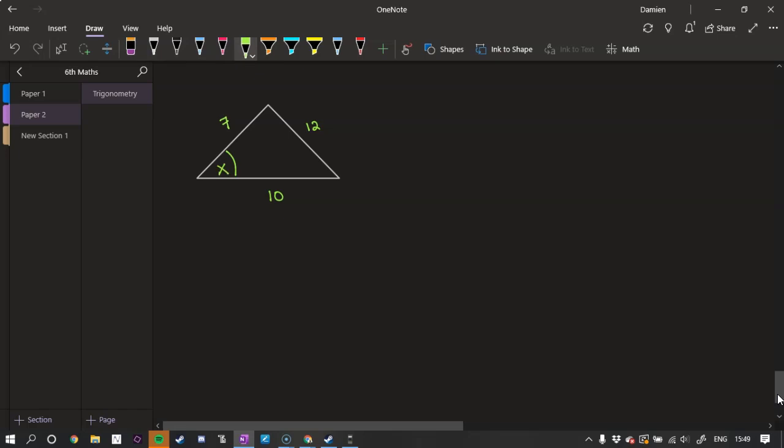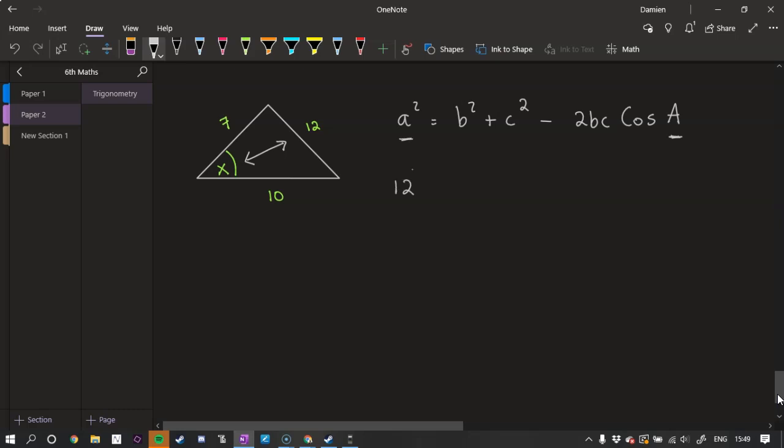So again, in this cosine rule, we're dealing with a squared is equal to b squared plus c squared minus 2bc, and then the cos of a, your angle. So again, in here, this is the main one we're looking at, the x and the 12. So this is the angle x.